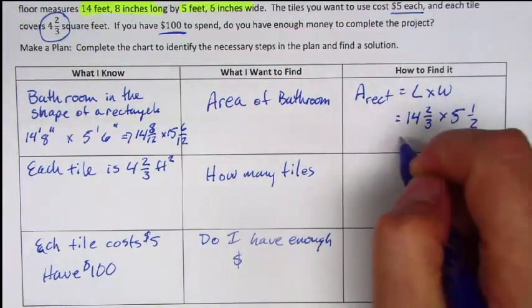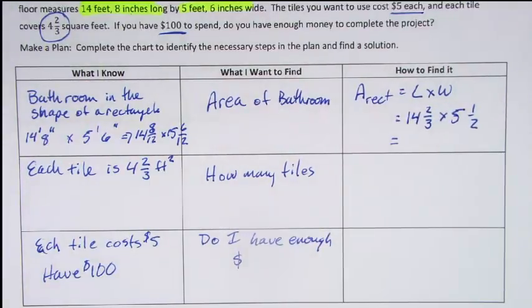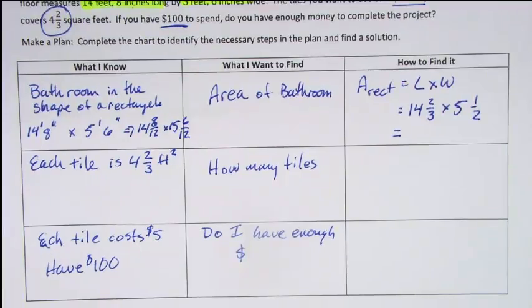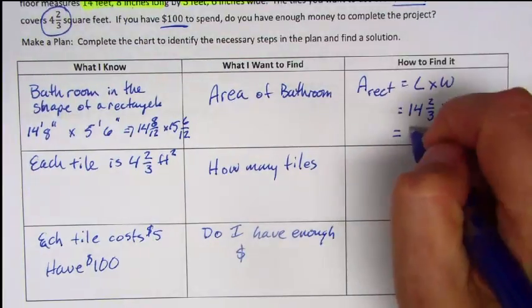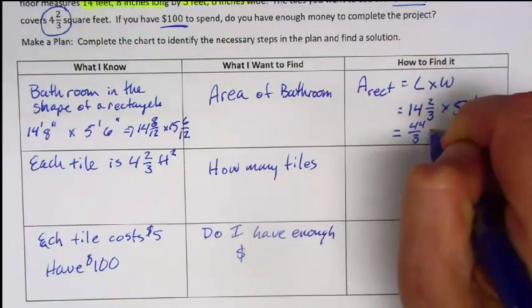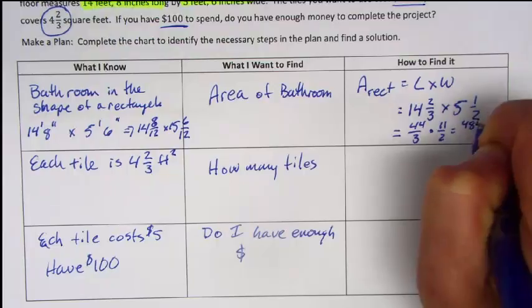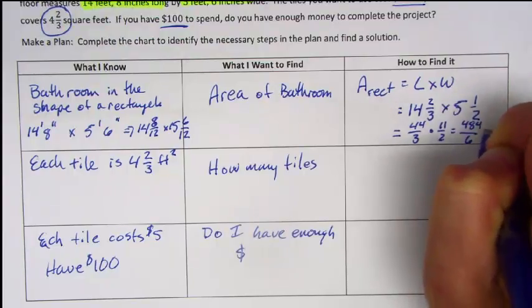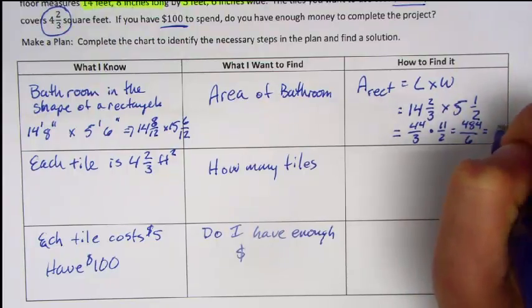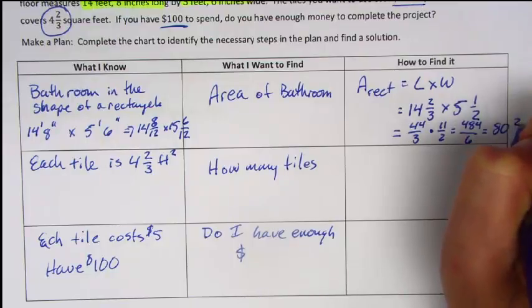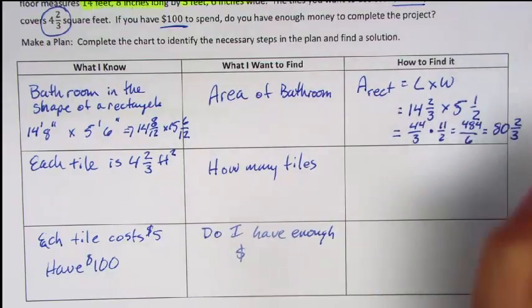I multiply those two together, and then I'll find the total area of the bathroom. When I multiply the two of those together, I get 44/3 times 11/12, which gives me 484/6, which converts to 80 2/3 square feet.